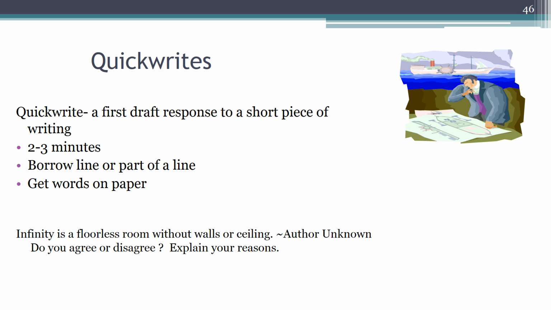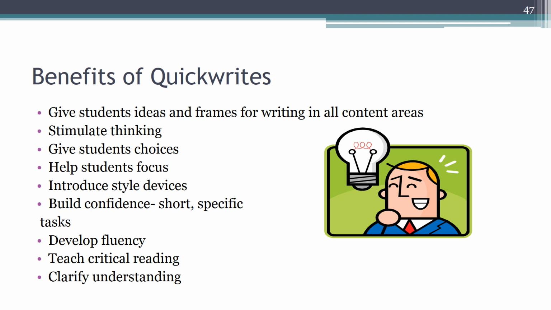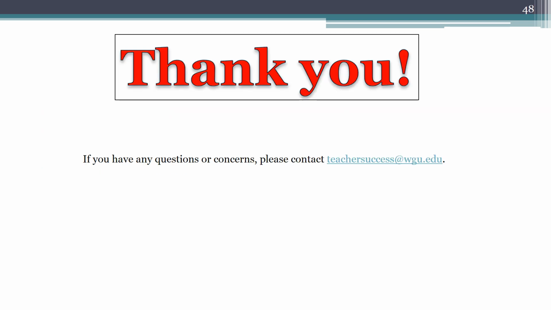And after 2 or 3 minutes, and you're writing with them, have a couple of people share them. It stimulates that deeper thinking. It gives them choices. It builds confidence in writing because it's short. It's only a couple of minutes. If a student is absolutely telling you, I don't know what to write, I can't think of anything, have them start copying the prompt. It gets pretty boring really quickly and they start to think.